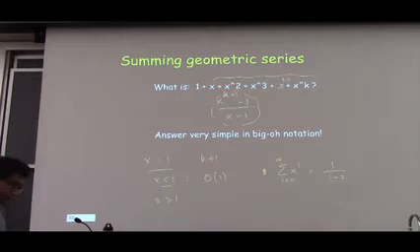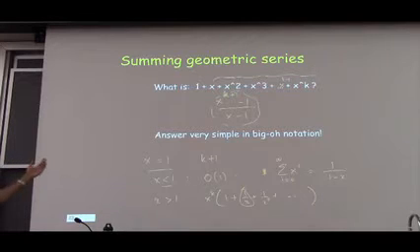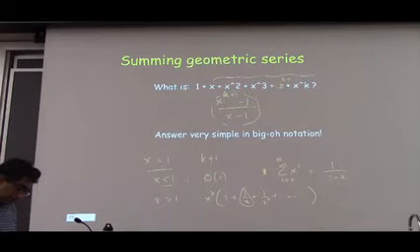If you really want to reduce it to the previous case, you can write it as x to the k times 1 plus 1 over x plus 1 over x squared and so on. And this 1 over x is a number smaller than 1, so it's the same calculation as before. This part is O of 1, so this whole thing is O of x to the k.